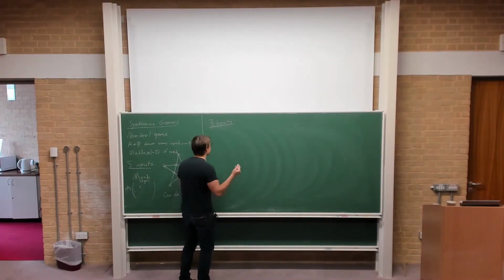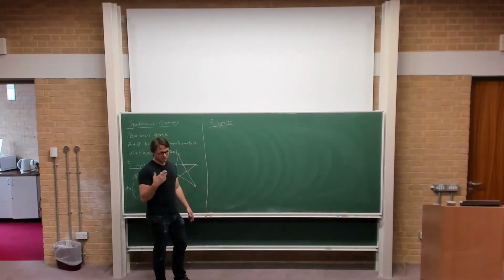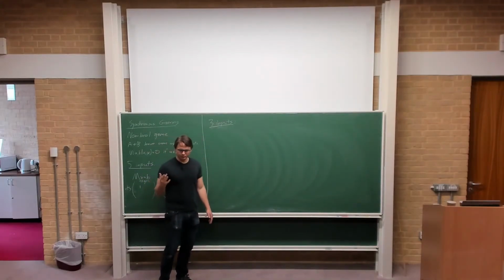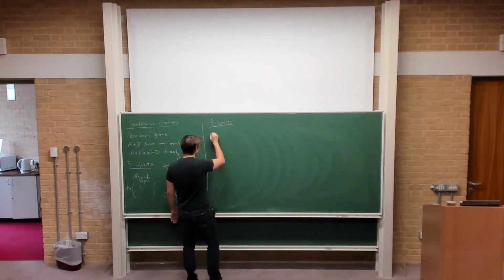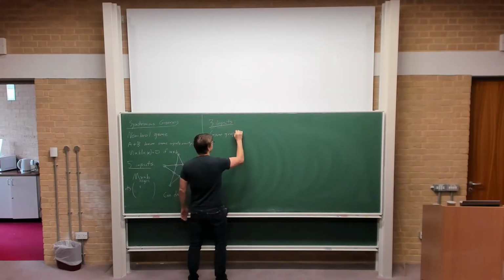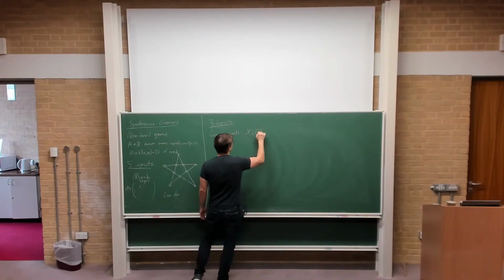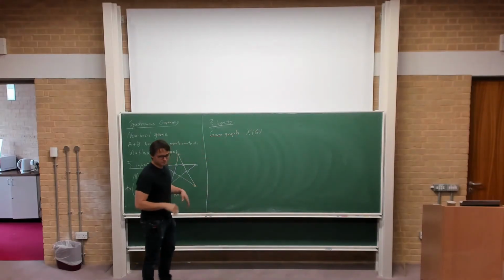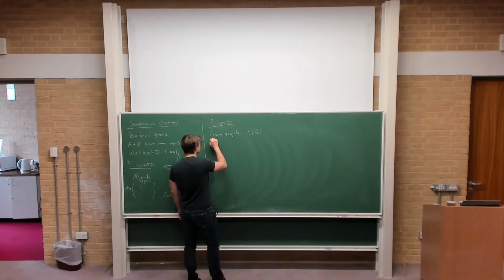So I have my game, my synchronous game, and it has this verification function V, which tells me when I win or lose. I'm going to make a graph, this game graph. I'm just going to call it X of G, let's say that the game was called G. What are the vertices?